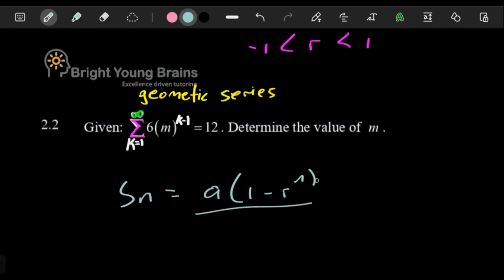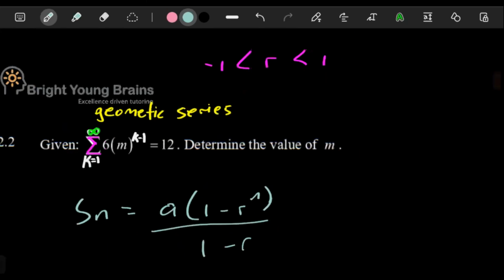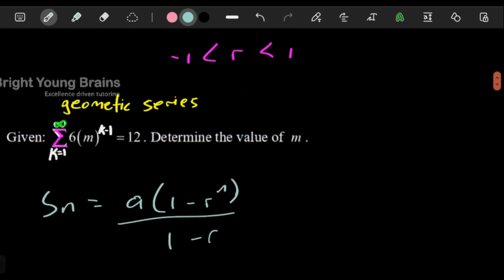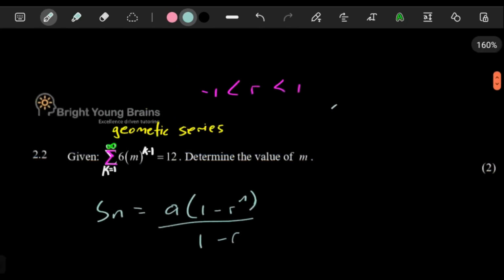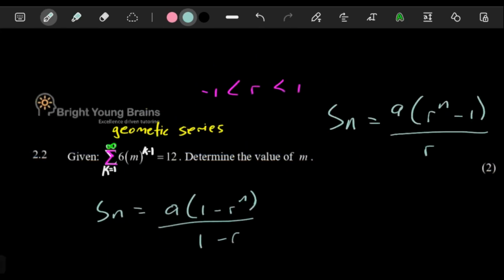Now we can use the version where the 1 starts and then the r follows, because anytime you're dealing with the sum to infinity, this is the version you want to use. Because remember, you have two versions of your SN formula. Both of them work, but for the sake of performing calculations, the one with 1 first and then r afterwards, you may want to use that for cases where you're dealing with sum to infinity. It makes it easier for you to work out things and simplify your equation.